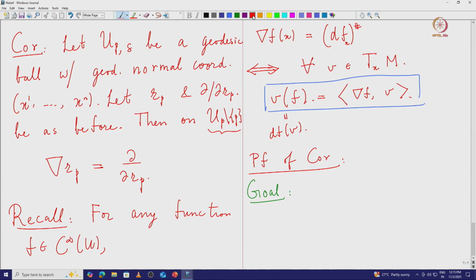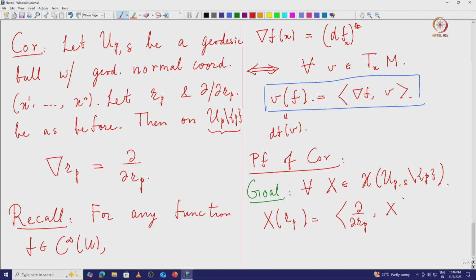Using this characterization in the blue box, the goal is to show that for all local vector fields X, X of Rp is the same as del by del Rp inner product with X, because then del by del Rp will be precisely the gradient of Rp.